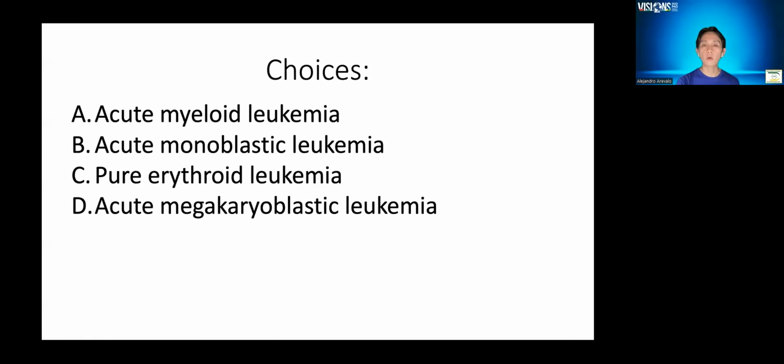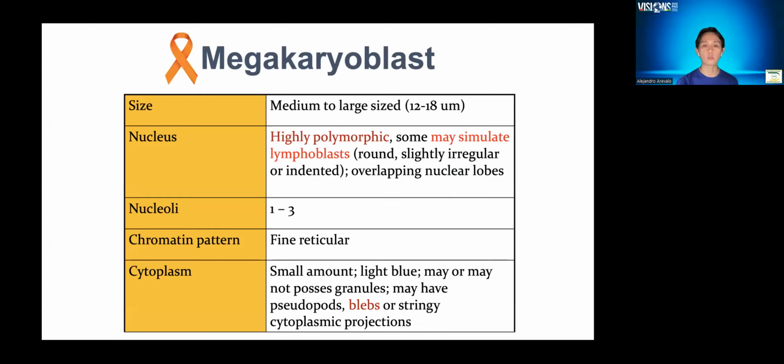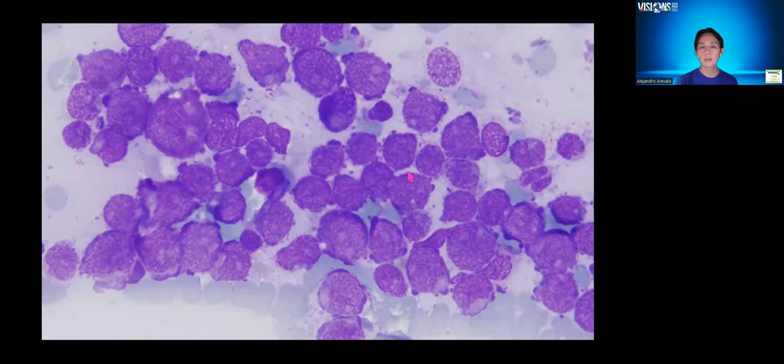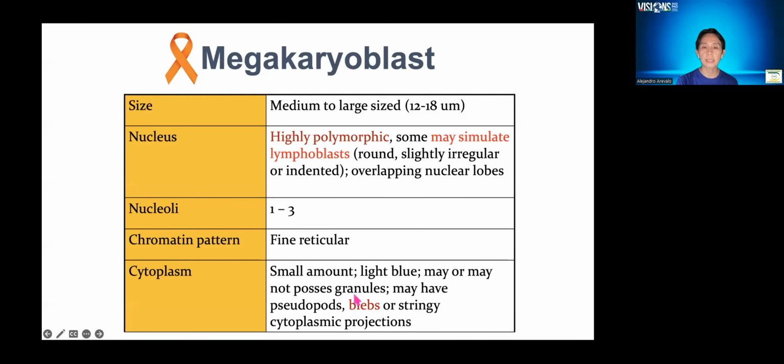So if you're going to choose which type of leukemia this is, probably you would have chosen acute megakaryoblastic leukemia. The megakaryoblasts, in terms of morphology, are highly pleomorphic, but more often than not, they would mimic the size or morphology of a lymphoblast, a small blast with scant cytoplasm. But in this case, there's prominent blebbing. So as you can see here, the cytoplasm shows prominent blebs.